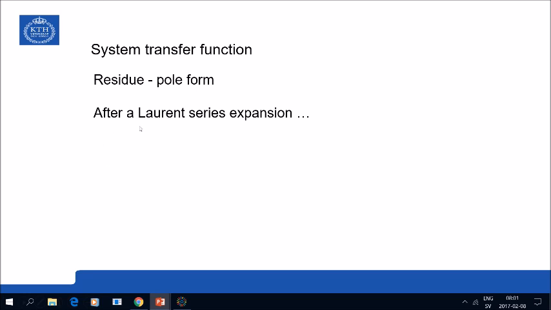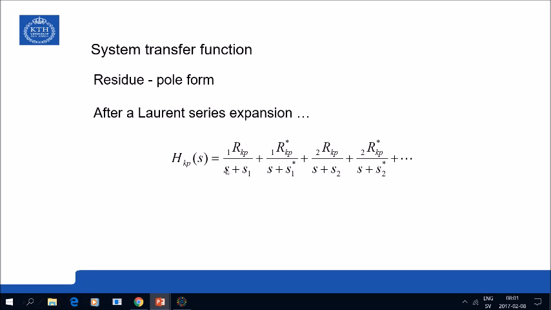To do this, we use a Laurent series expansion and formulate it in this equivalent way. So here you can see we have the contribution from the first mode containing the system pole for the first mode, and so on. And then we have something called the residue of the mode in the numerator.